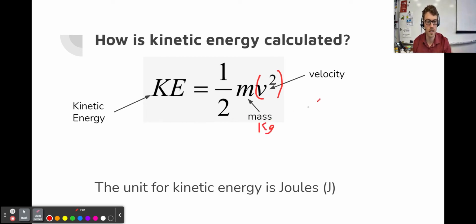The squaring only applies to the velocity. If you do know order of operations, that's PEMDAS: parentheses, then exponents. The exponent needs to be taken care of first before you get to the m, which is multiplying all these together. So the first thing you always have to do whenever you're calculating these is to square the velocity first.